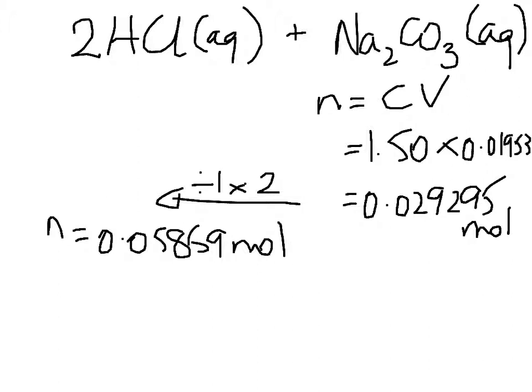So now let's move on to the next step where we look at the amount of hydrochloric acid that reacted with the calcium carbonate. So now we've done that titration step calculation. Now we move back to work out how much calcium carbonate reacted with the remaining hydrochloric acid.